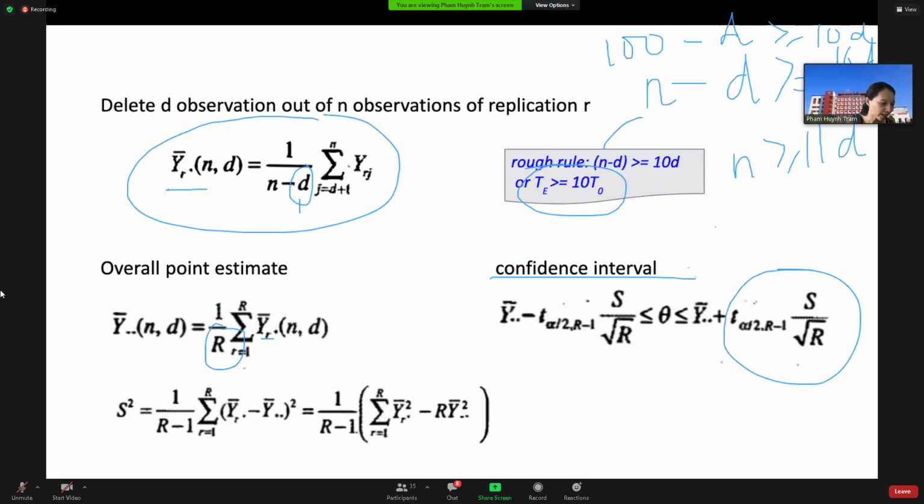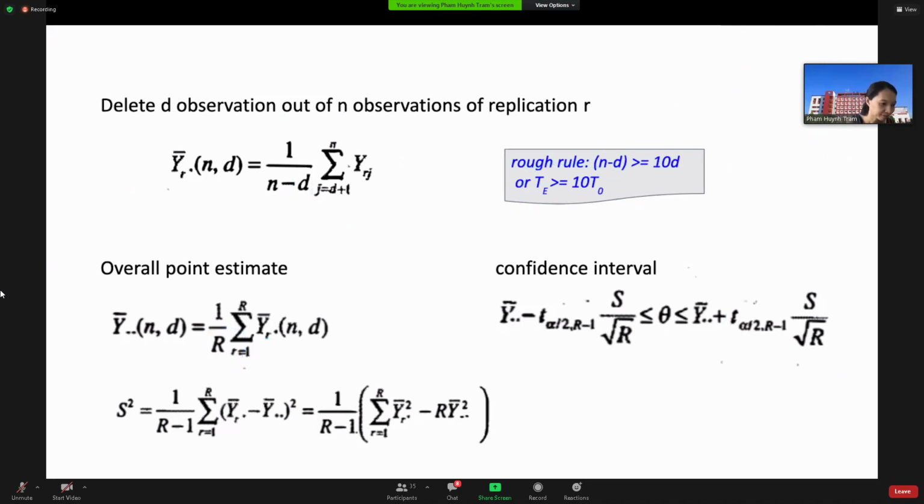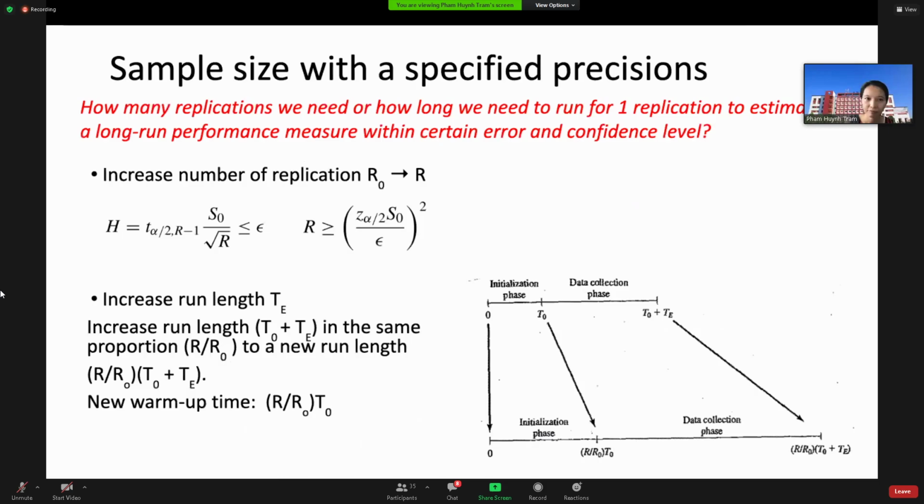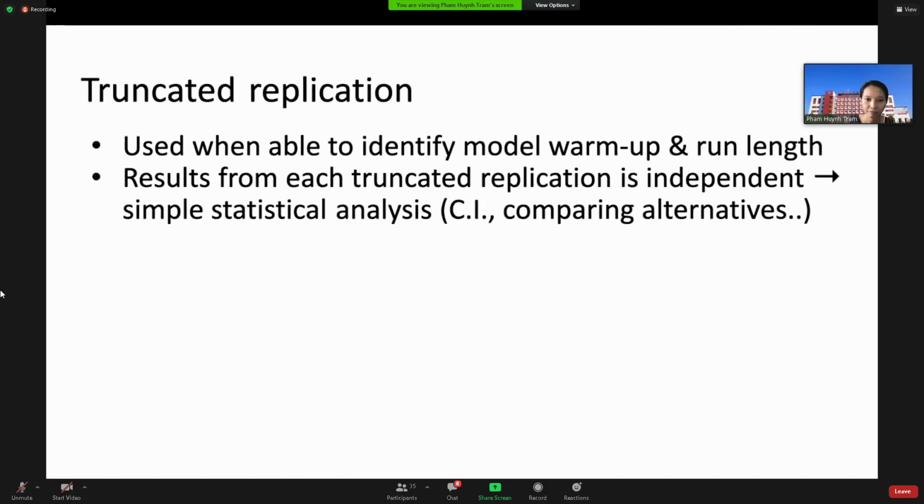Now we go to the second one. The first method we call truncated replication. It is usually used when we are able to identify the model warm-up and run lengths.